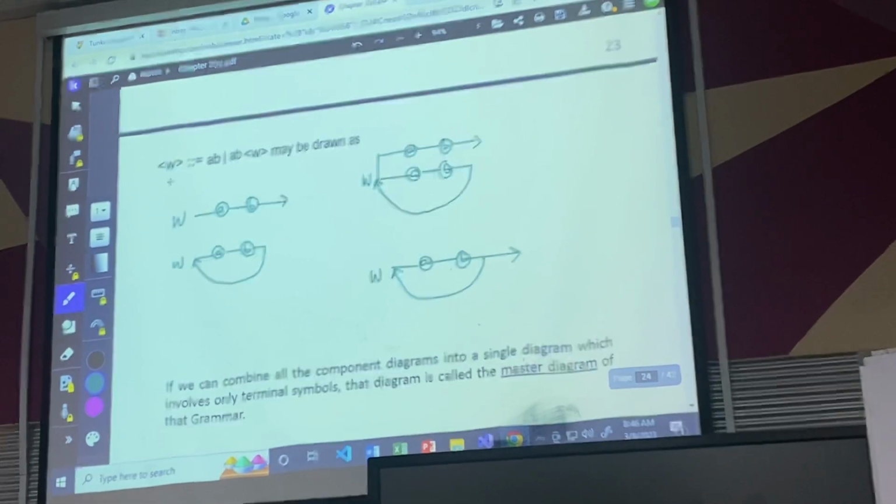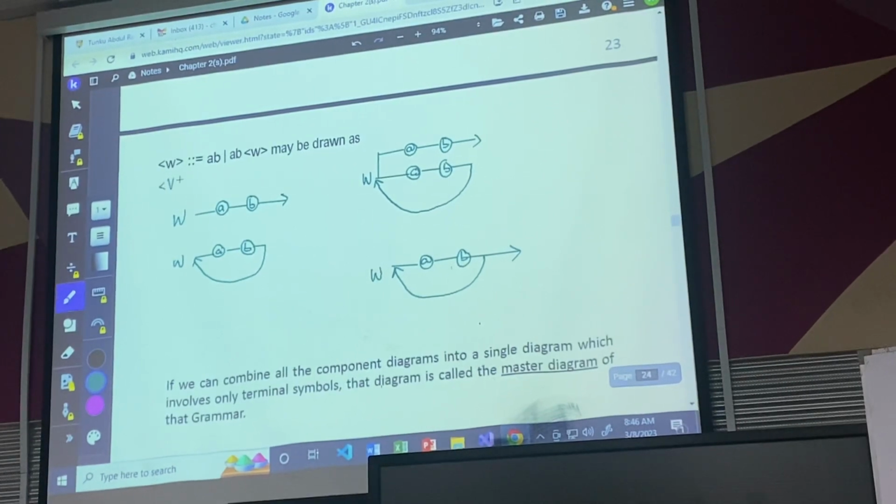Let's say I have another one, which is V here, and it substitutes with others, then we have many syntax diagrams. So how do we combine all the syntax in one diagram? That is the diagram we call the master diagram, meaning that you can only have one diagram if they ask you to draw the master diagram, or we call it master syntax diagram.